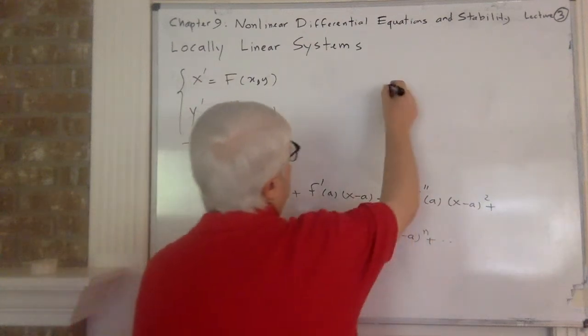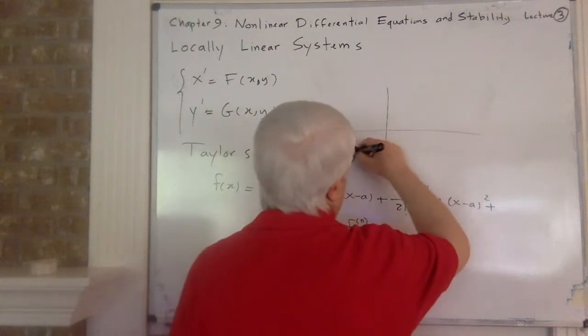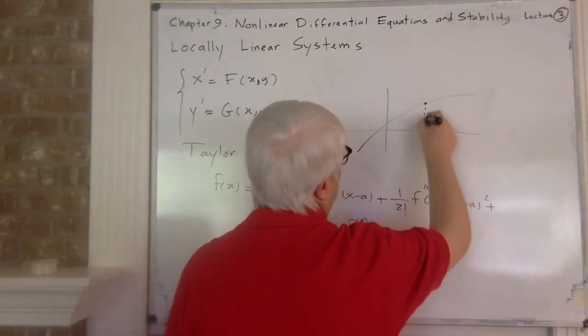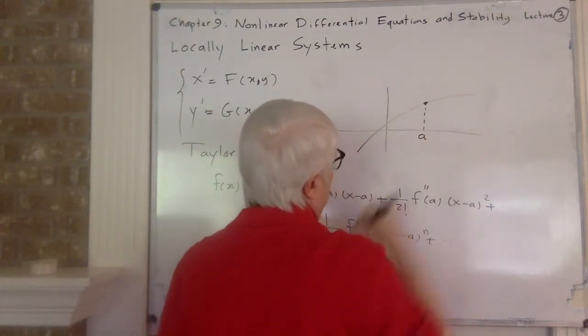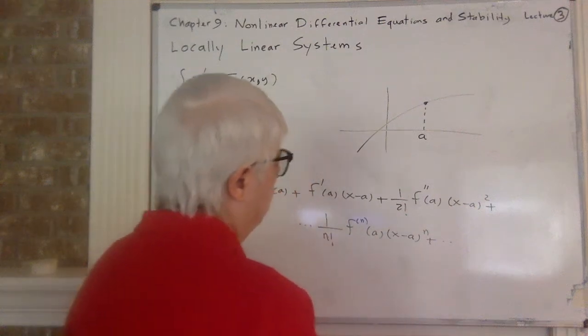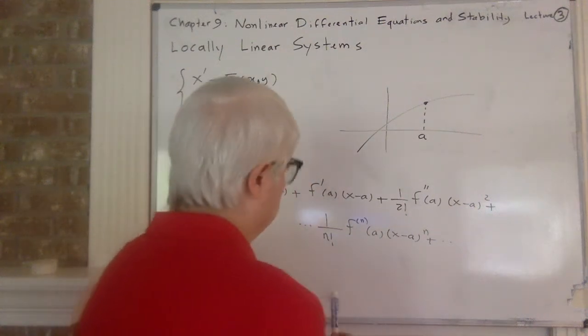So if this is the function, and I have the graph of the function, and this is point a, as I get closer and closer to a, what happens?